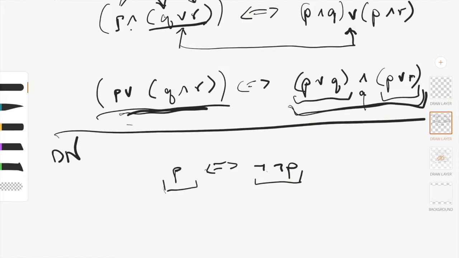One other reminder, since we're talking about strategy issues, is don't forget that unlike inference rules, which have premises, the schemas of which have to apply to whole lines, the equivalence rules can be applied to whole lines or parts of lines in a proof. So let me give you a quick example of that.